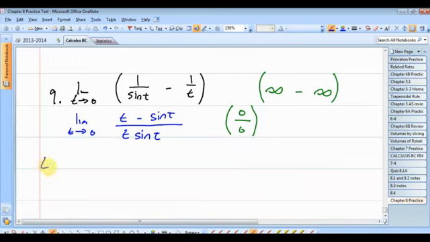L'Hopital. Limit as t approaches, no, not infinity, 0. 1 minus cosine t over product rule. Oh, lovely. 1 times sine t plus t times cosine t.